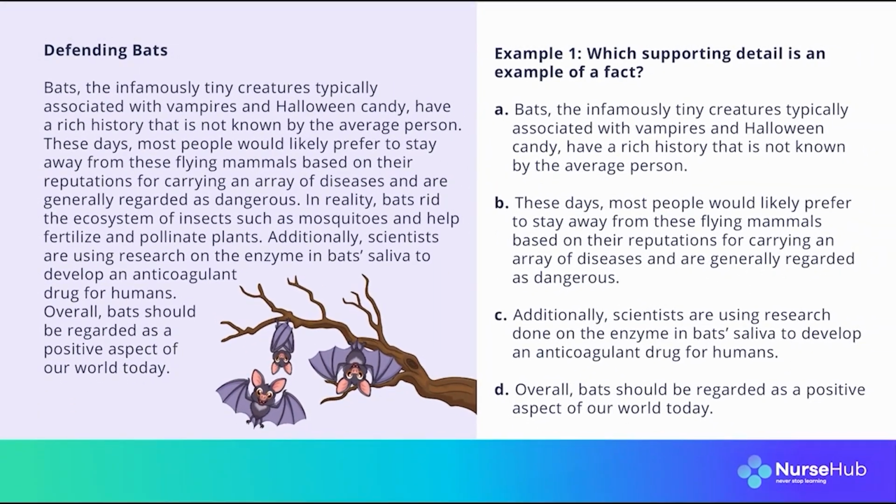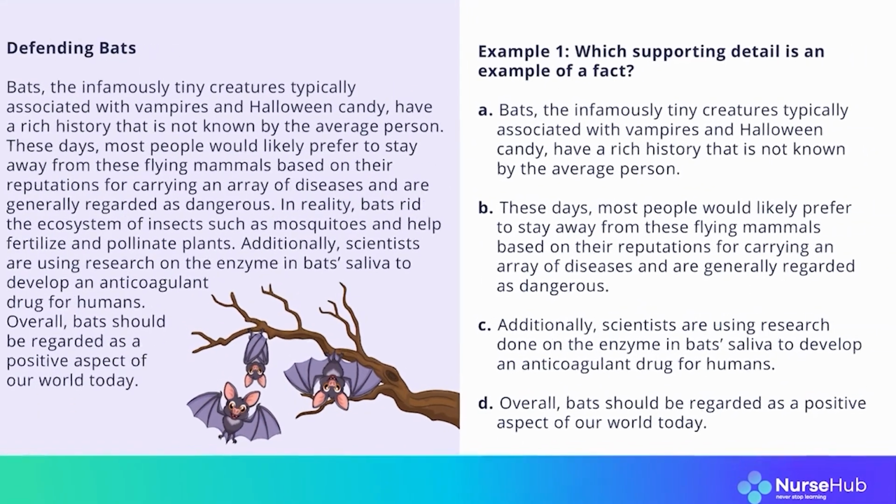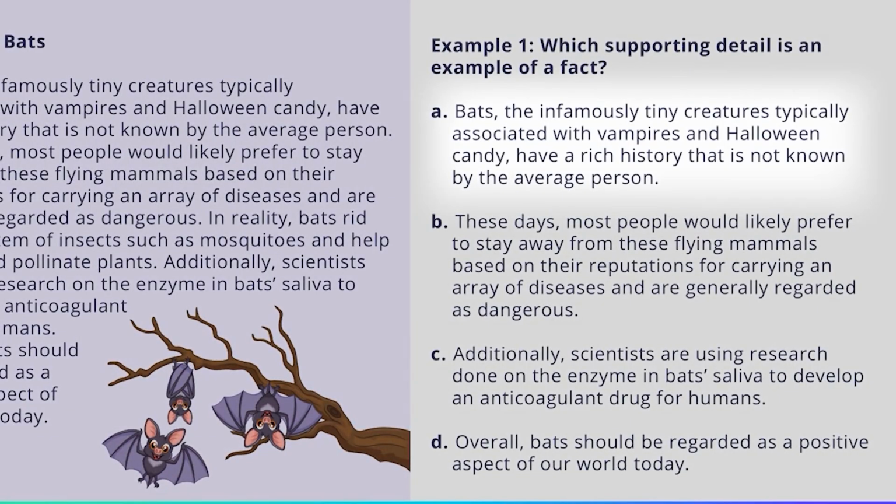So remember, we're thinking which detail is an example of a fact. A reads, bats, the infamously tiny creatures typically associated with vampires and Halloween candy, have a rich history that is not known by the average person. B reads, these days, most people would likely prefer to stay away from these flying mammals based on their reputations for carrying an array of diseases and are generally regarded as dangerous.